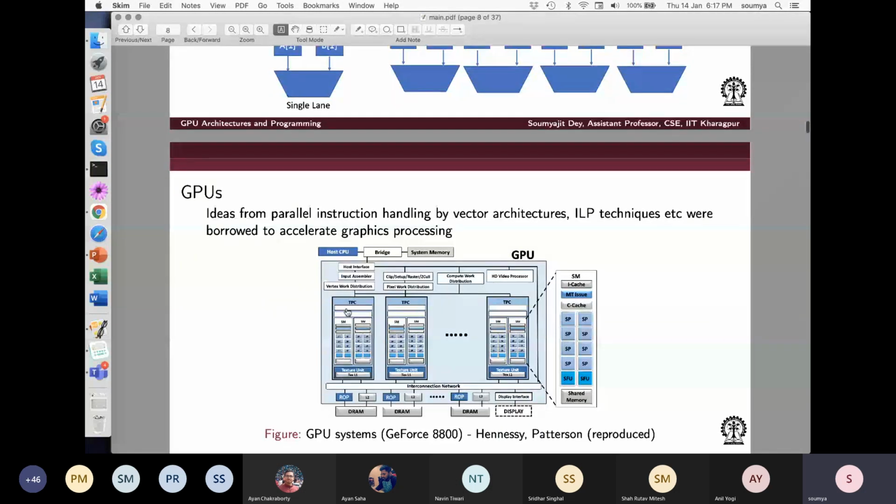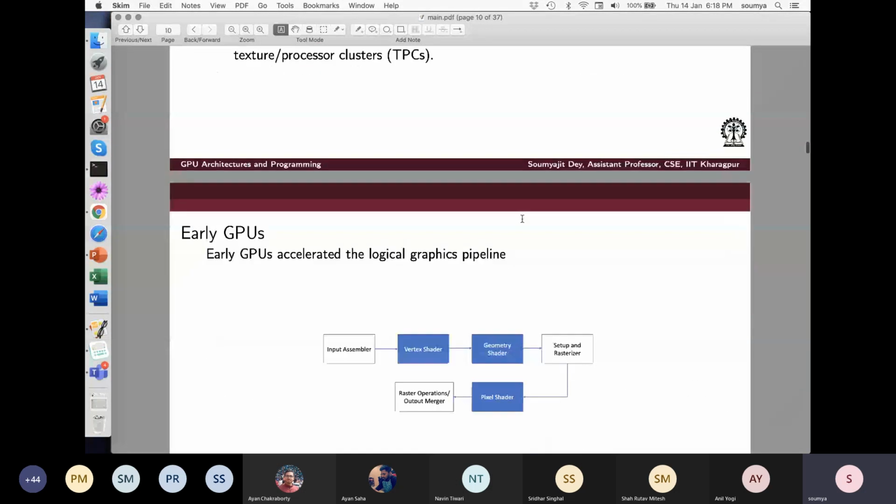You have thread processing clusters. Inside them, you have streaming multiprocessors. Inside a streaming multiprocessor, you have scalar processors. Each scalar processor will have some amount of registers with them. Like there is a big register file, and some of the registers will be dedicated to scalar processors. And then you have a unified shared memory for each of these streaming multiprocessors. And you have the global memory, which is the system memory, the GPU DRAM.